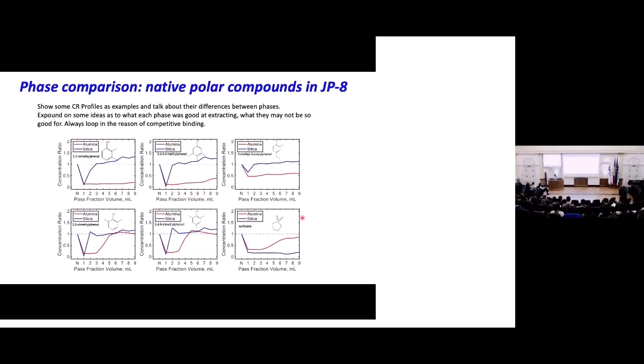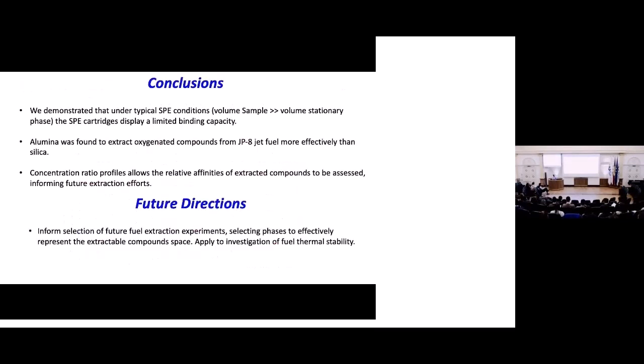We used alumina N in this case. We demonstrated that under the general typical SPE conditions, you have a limited absorption capacity, which ends up in breakthrough in the general way that you might use SPE.